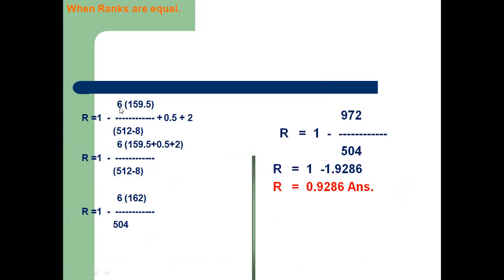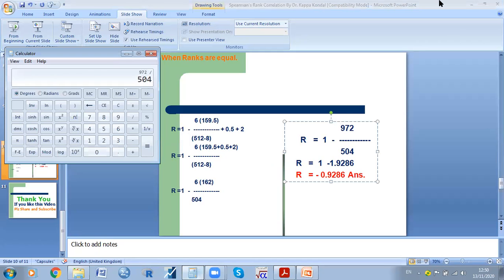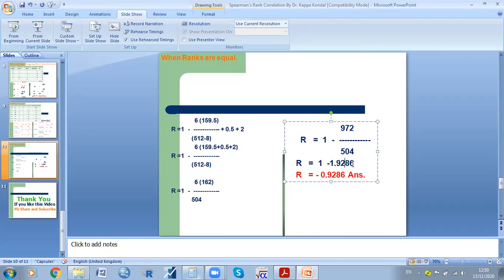6 into 159.5 plus 0.5 plus 2. Then r is equal to 1 minus 6 into the sum of these three values: 159.5 plus 0.5 is 160, plus 2 is 162, divided by 512 minus 8, which is 504. Then 6 into 162 is 972, divided by 504, which is 1.9286. So 1 minus 1.9286 gives minus 0.9286.